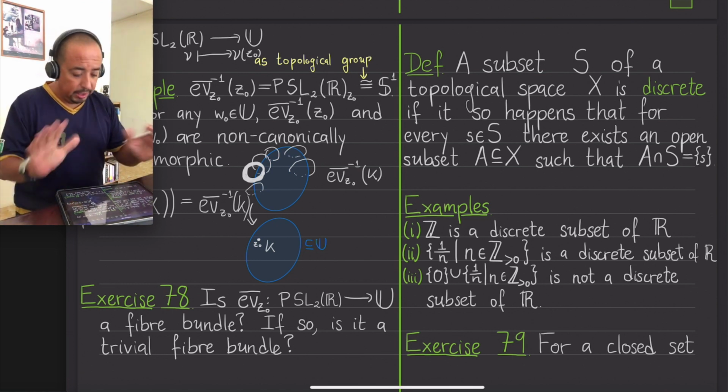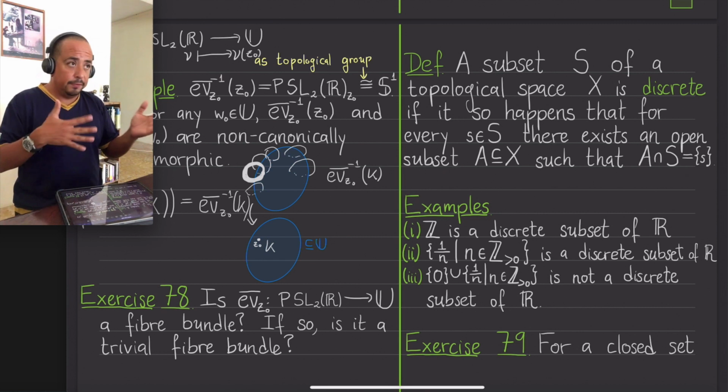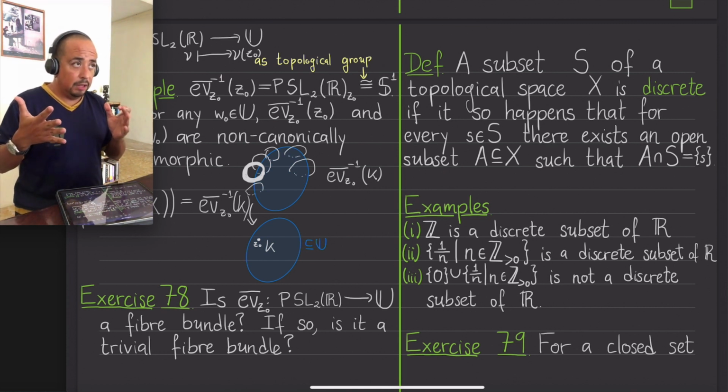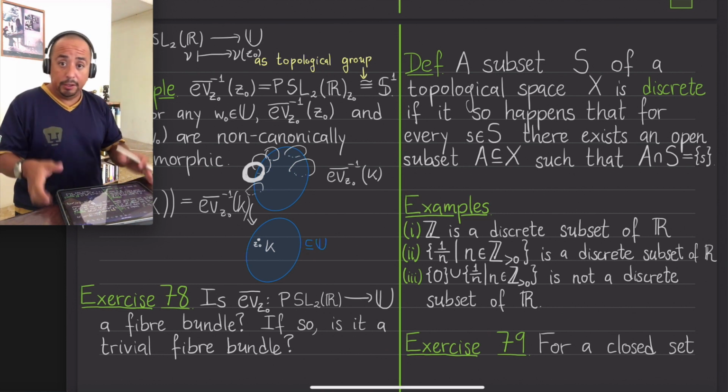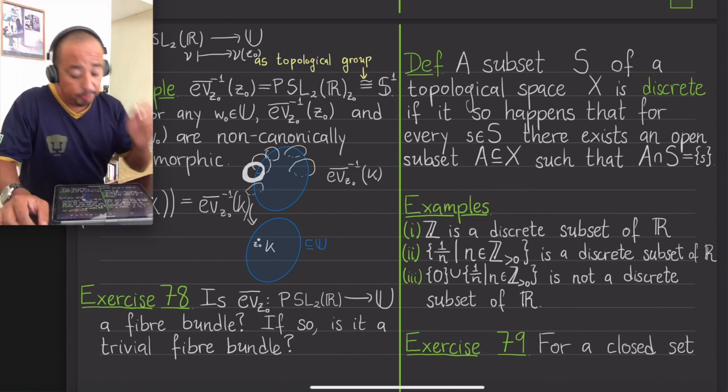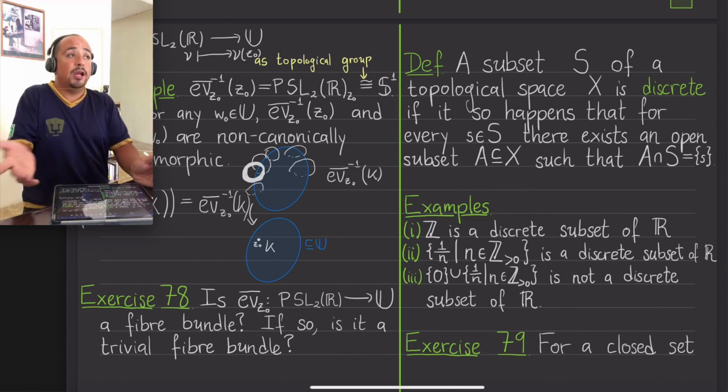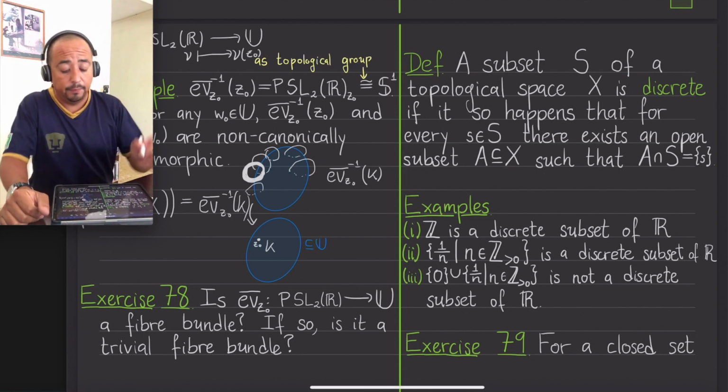Why? Because compact subsets allow us to decide whether something is discrete or not. That's the point. But what is a discrete subset of a topological space?